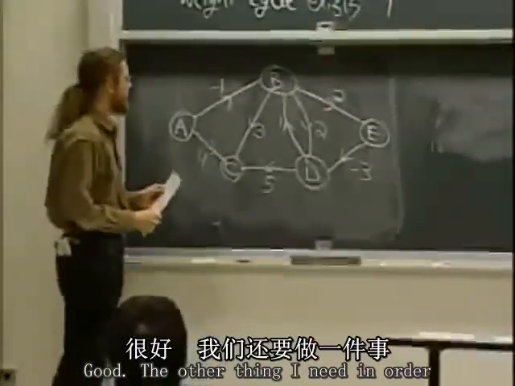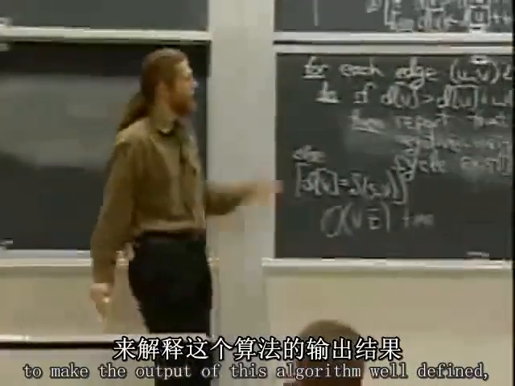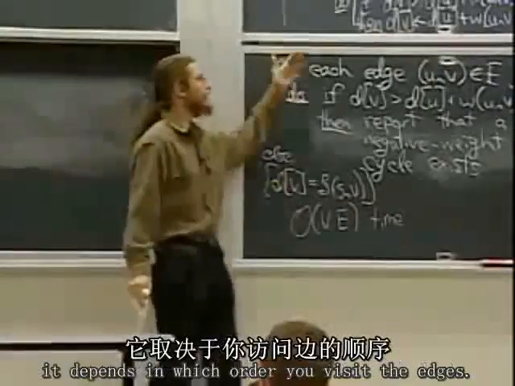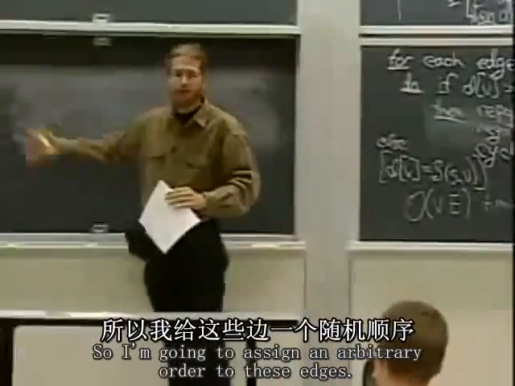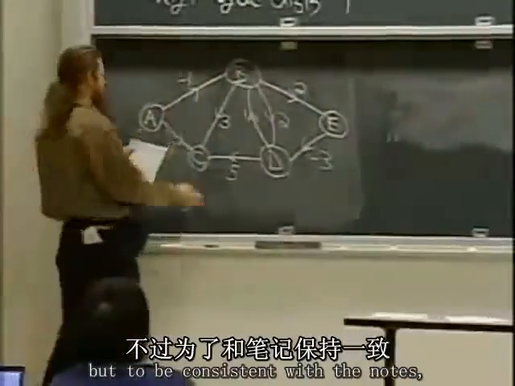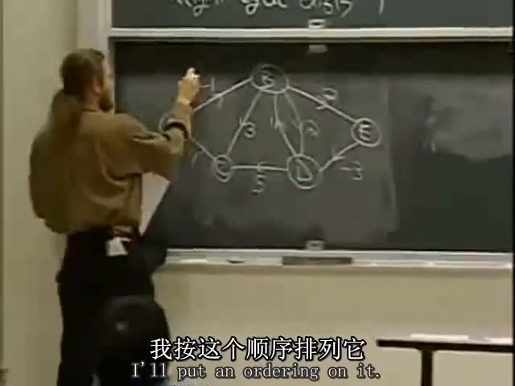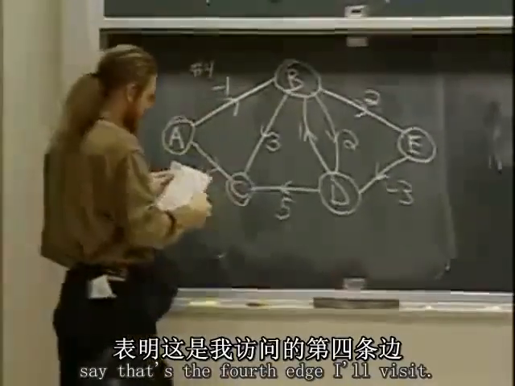The other thing I need in order to make the output of this algorithm well-defined is that it depends in which order you visit the edges. So I'm going to assign an arbitrary order to these edges. I could just ask you for an order, but to be consistent with the notes, I'll put an ordering on it. Let's say I put number 4 to say that's the 4th edge I'll visit.